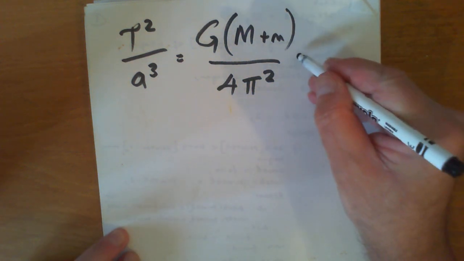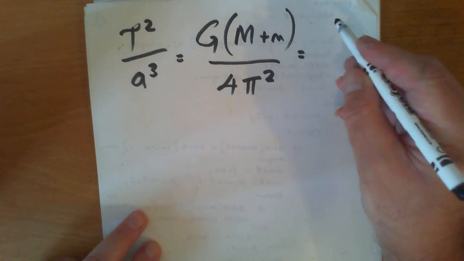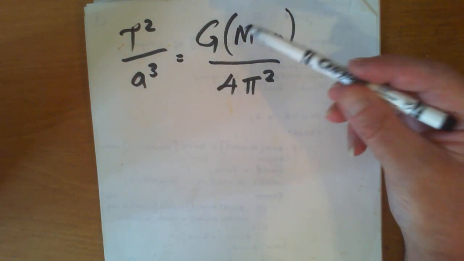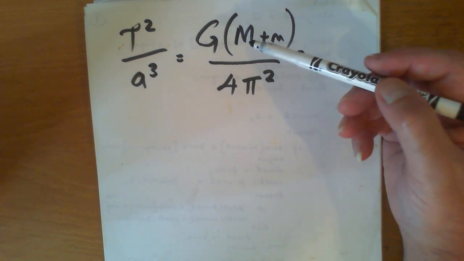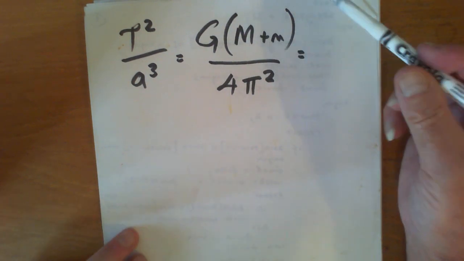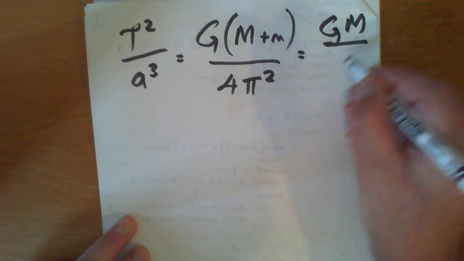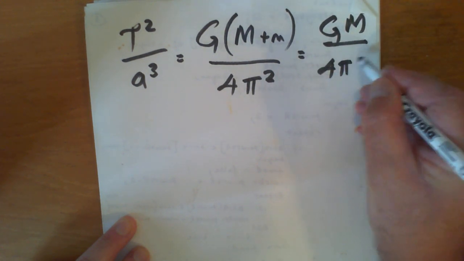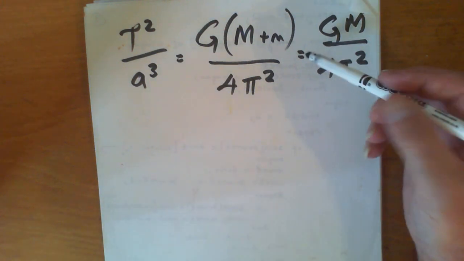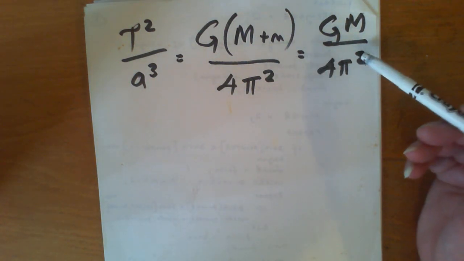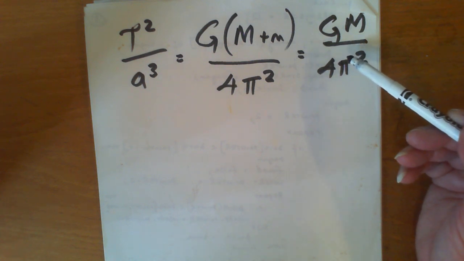Now, a general rule is that the mass of, say, a planet in relation to the mass of the Sun is so small that we'll just forget about it. To a very good approximation, we can just forget about the mass of the orbiting object and just state the constant as 4 pi squared over G M.